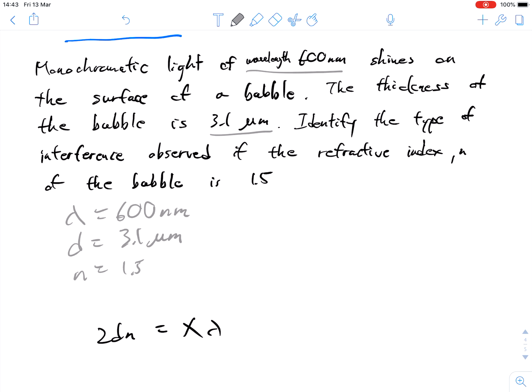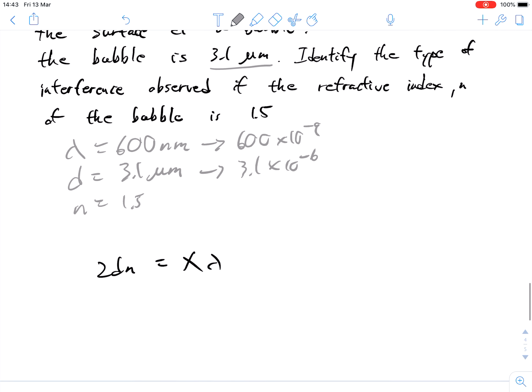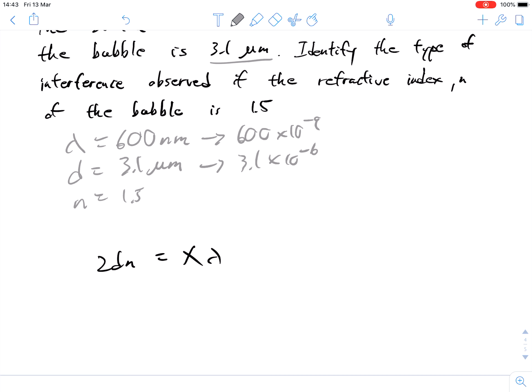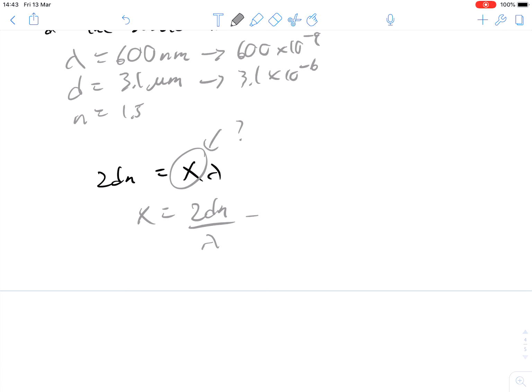And sometimes I just like to redo this as 600 times 10 to the power of negative 9, 3.1 times 10 to the negative 6. Okay, and then let's do our substitution. So first off, we're trying to identify the type of interference, so we're actually trying to solve for x. So let's rearrange our formula, 2dn over lambda.